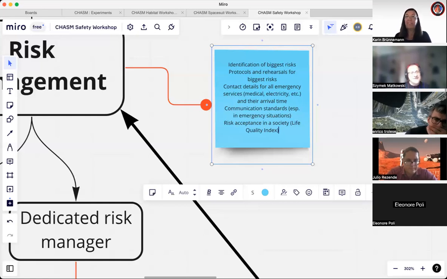Yeah, that is the risk acceptance. Which risks are we accepting and which are we not accepting? Yeah, very valid point.